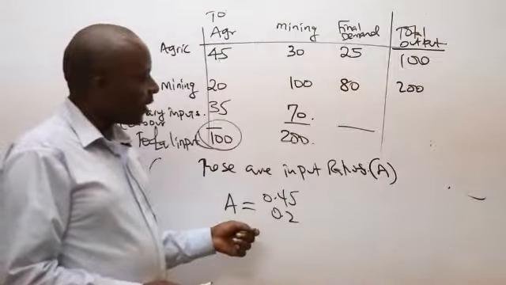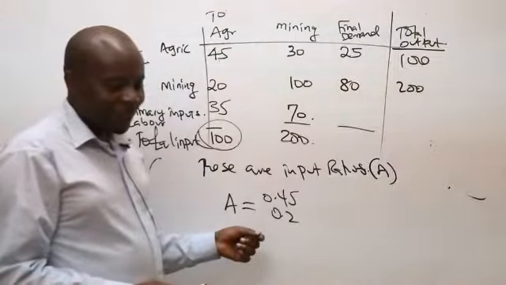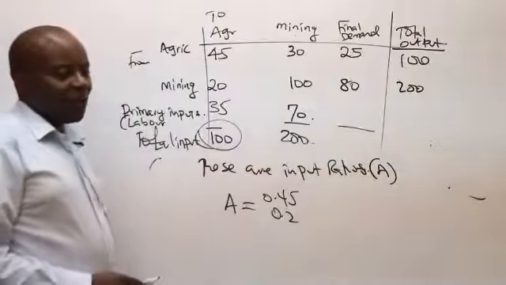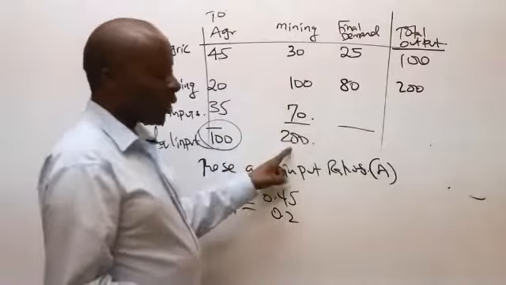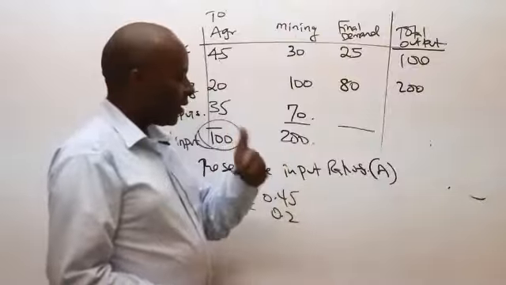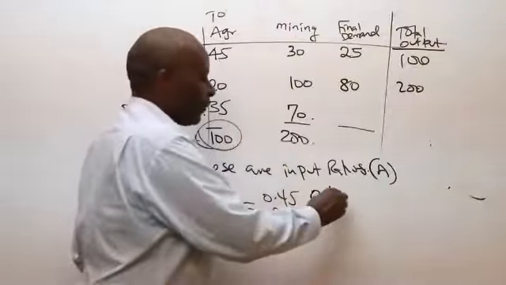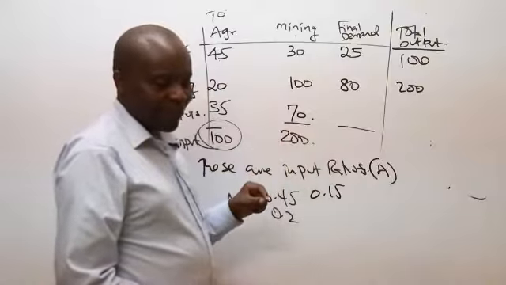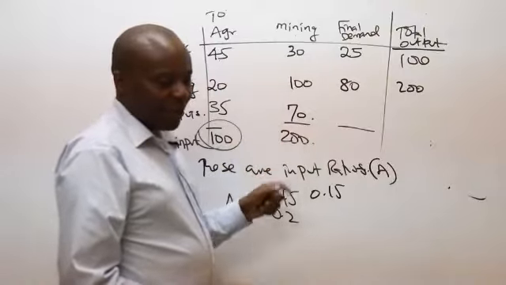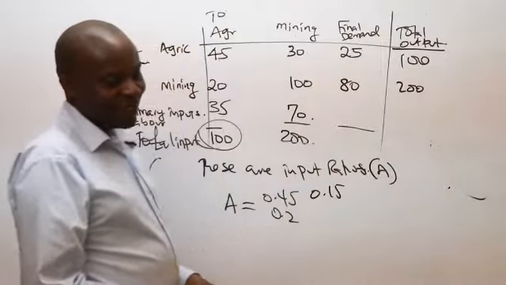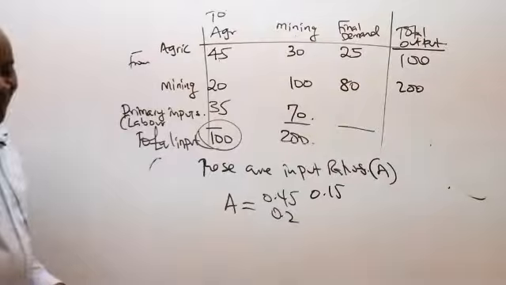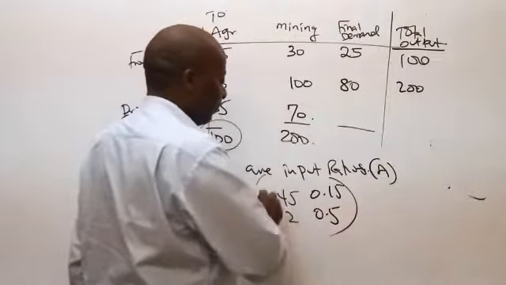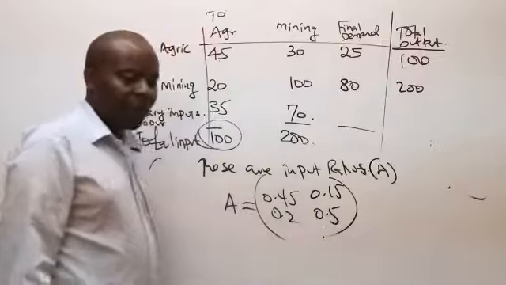It will be 30 over the total input, which is 300. It should be 0.15. And then we have 100 divided by 200. 100 divided by 200 is not 0.1. It becomes 0.5.